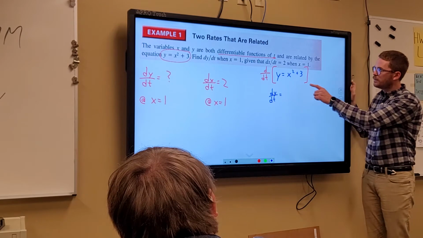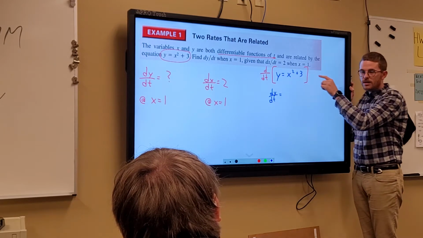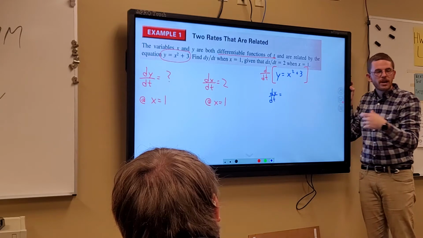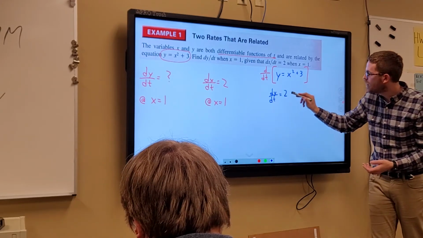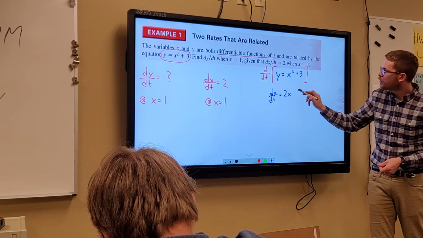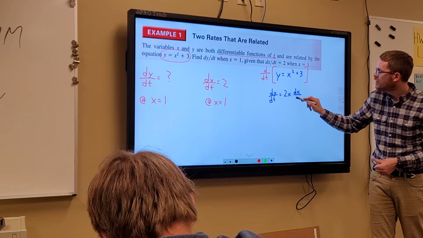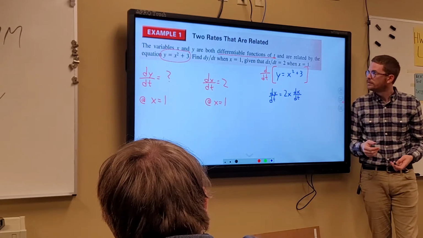The right side, x squared, well, the variables don't agree. It's squared, so I'm going to have to apply the chain rule. I'm going to take the derivative of the outside. I'm going to leave the inside the same. But then I'm going to multiply by the derivative of the inside with respect to t.